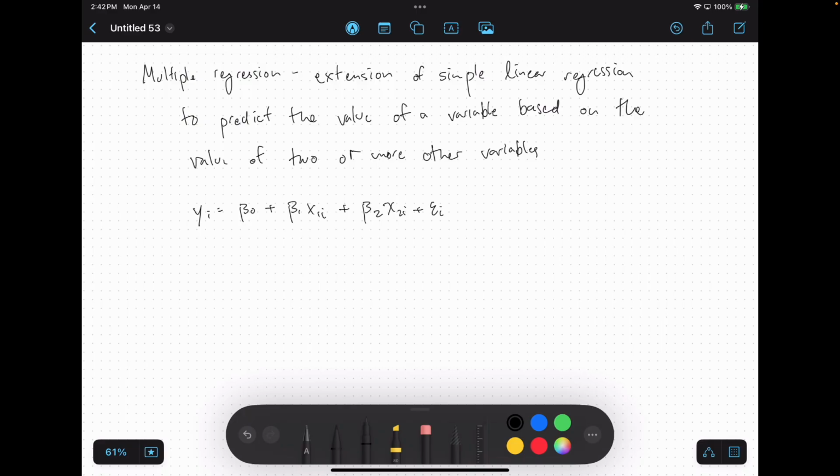In fact, I can write this generically to represent any number of variables: y_i equals beta 0 plus beta 1 x_1i plus beta 2 x_2i, dot dot dot, plus beta n minus 1 x_(n-1),i plus beta n x_ni, and my error term.